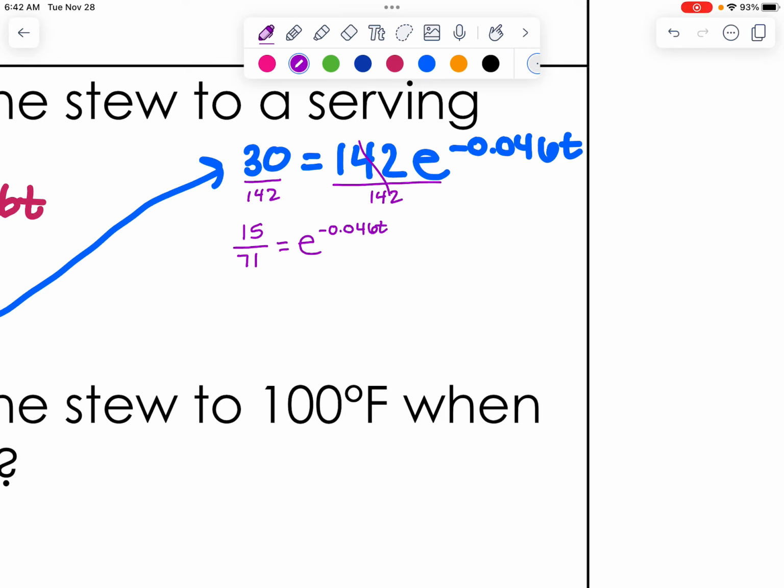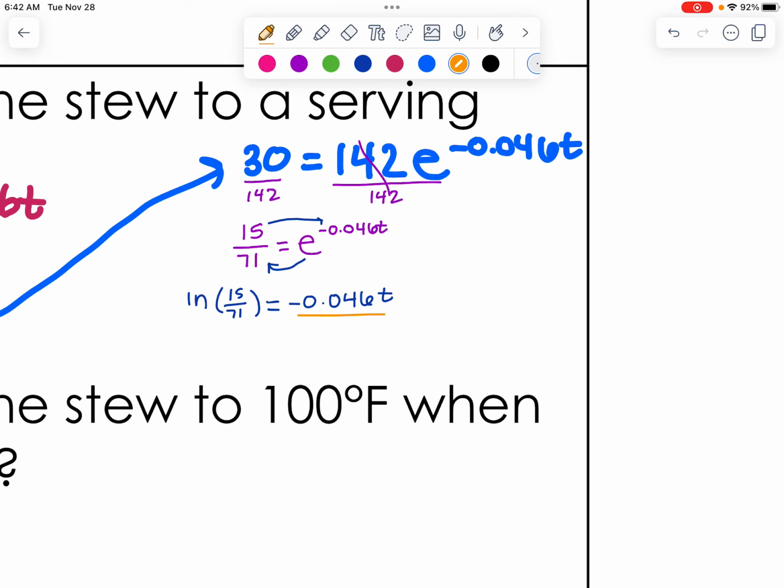And now we've got t, which is stuck in the exponent of an exponential. And so the way that we're going to solve this now is to switch to logarithmic form. So we've got log base e of 15 over 71. Remember, log base e is just ln. So ln of 15 over 71 equals the exponent, which was negative 0.046t.